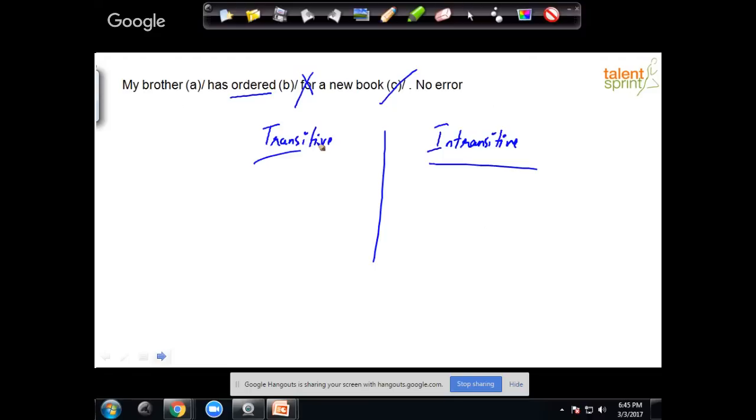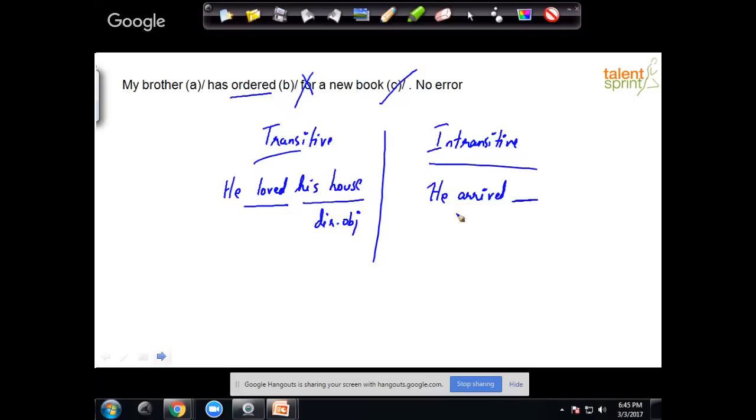Transitive verbs take up an object. So let's say if I say, he loved his house. Loved, the verb, his house. He loved what? This is the direct object. Intransitive does not have a direct object. For example, if I say he arrived, that's it. Does not have any direct object.